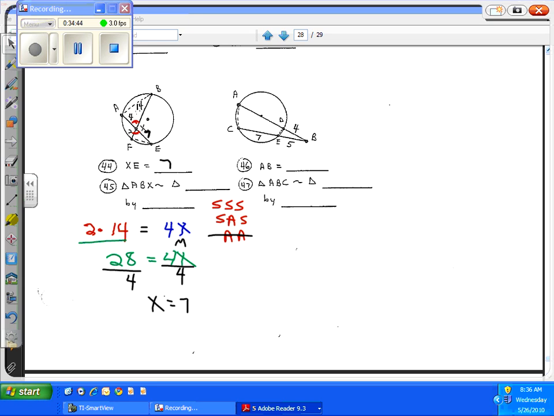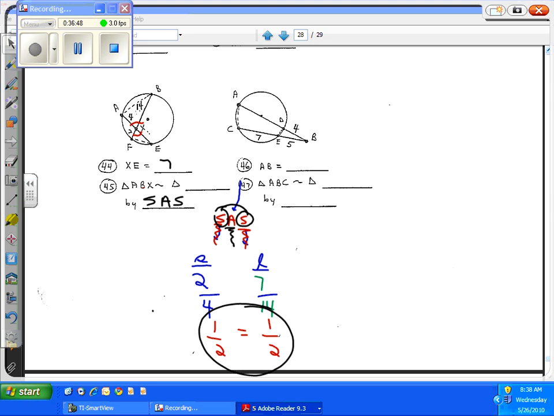All we know as far as angles is concerned is that our vertical angles are equal. There's three ways to prove two triangles are similar: side, side, side; side, angle, side; and angle, angle. Angle, angle, you would have to know all of the angles of one equal all of the angles of another, and we only know one pair of angles, so that's out.